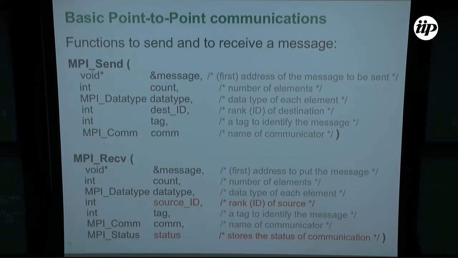For example, if you think about a class of students, and you want to send a message to a student who is in another class, then you need to specify that I'm not talking about processor number 2 in my class. I'm talking about processor number 2 in another class. This is why you also need to specify the communicator here. But in our simple example, we only take MPI COM world because we have not split all the processes into different classes.